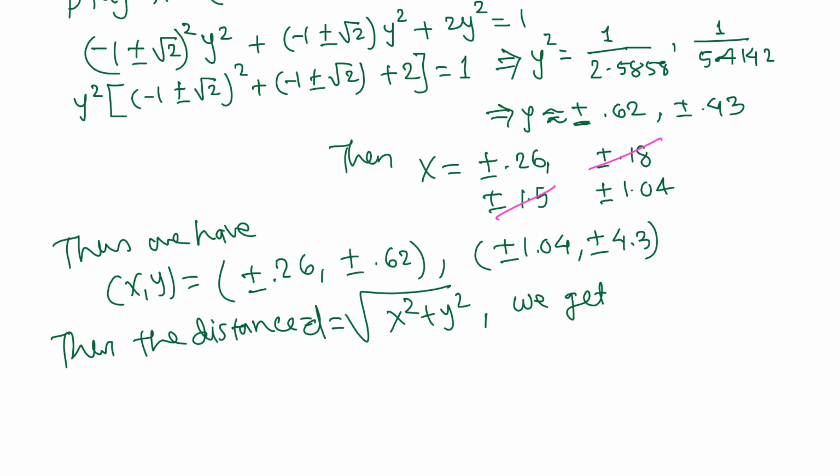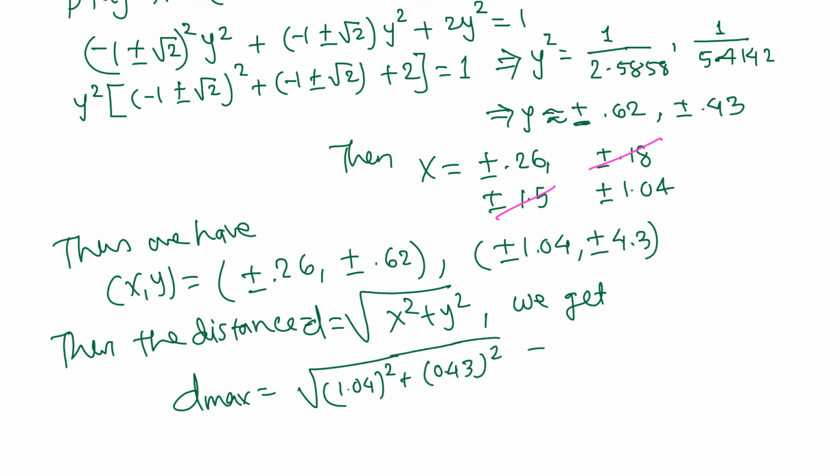So the maximum, looking at the bigger numbers, will be the square root of 1.04 squared plus 0.43 squared, plus or minus doesn't matter because when we square it's always positive. Use your calculator. And the minimum is coming from here, 0.26 squared plus 0.62 squared.